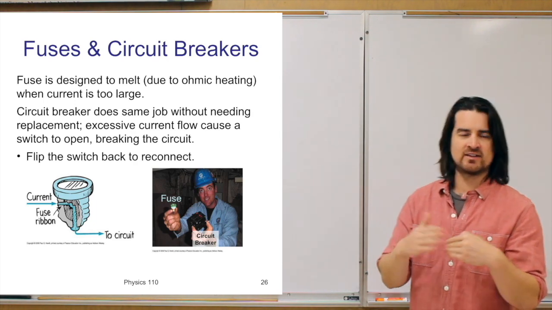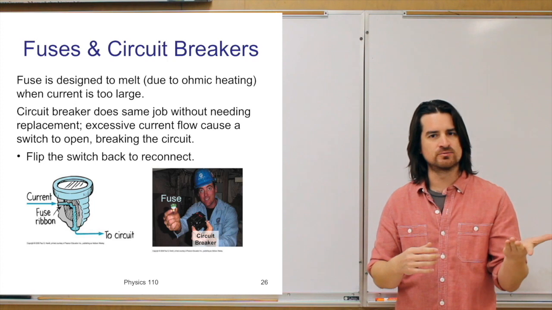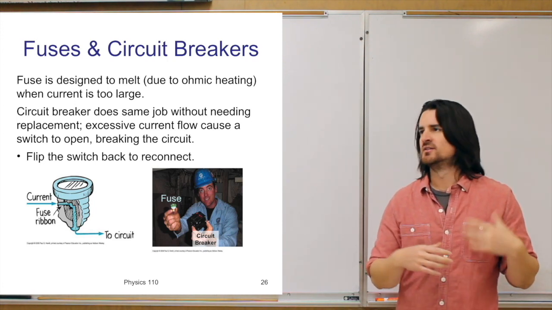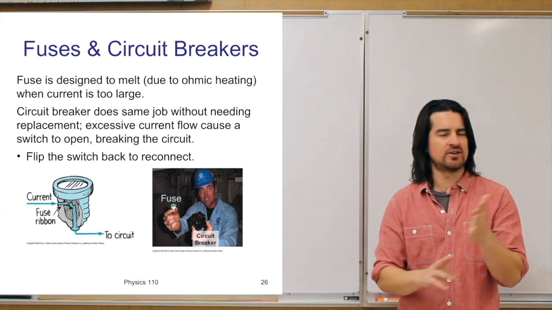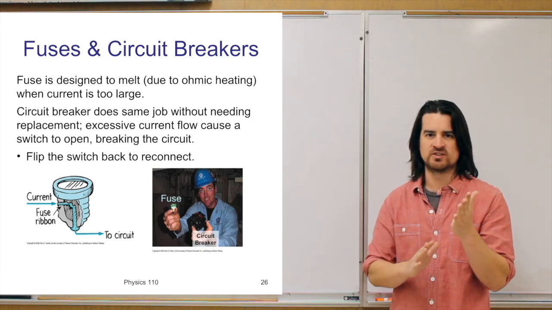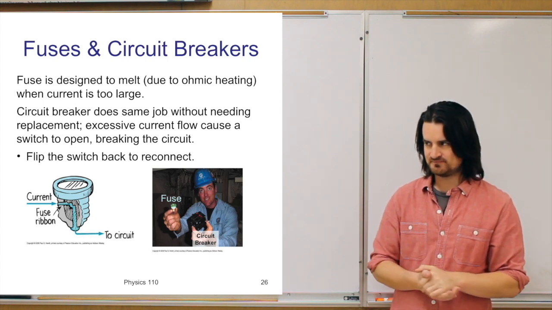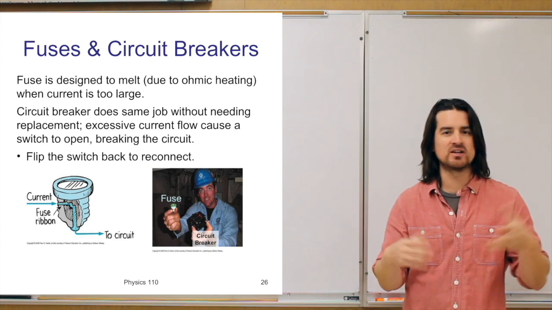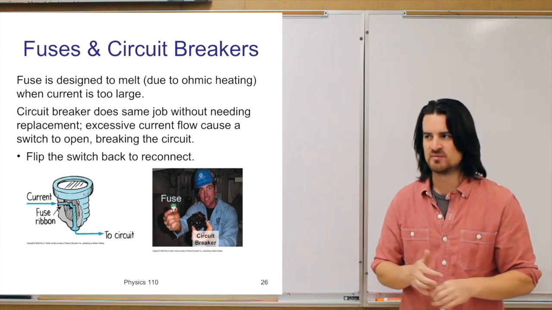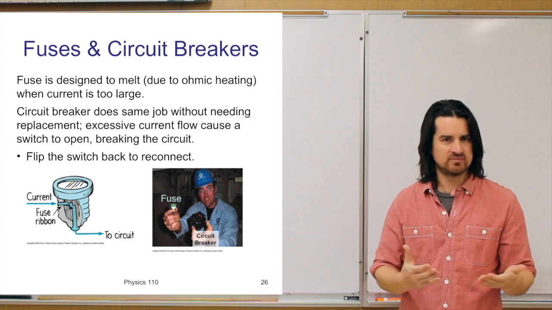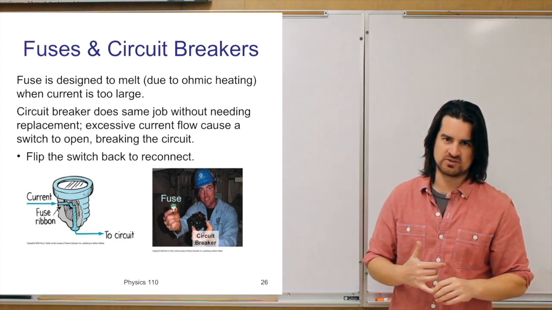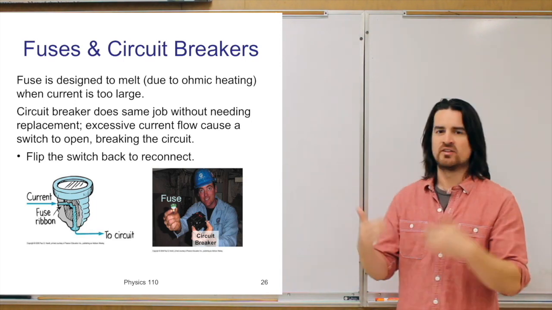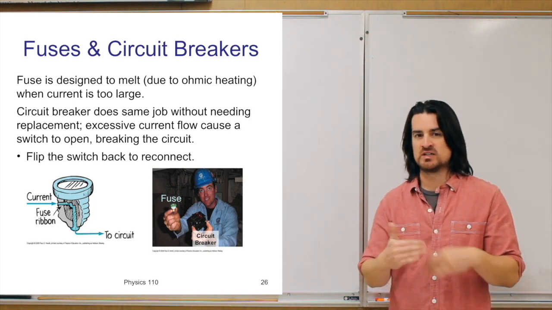If you've had the experience where you go out to your home circuit breaker because the lights have gone out in some room, because you had a space heater and a hair dryer and a microwave and all this stuff going on in the same circuit, and you switch that circuit back, I would suggest rethinking how many appliances you have going at that time, because if you continue doing that, you're just going to keep flipping that circuit breaker. And it's dangerous too, because all that current flowing means you might be doing damage to the wiring in your home.